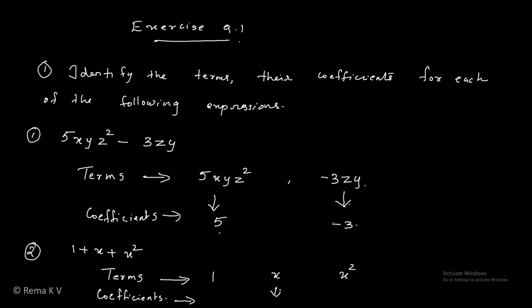Here the coefficient of x is 1. The coefficient of x square is also equal to 1. Okay. So the 3 terms are there and the coefficient of this variable x is 1. Coefficient of x square is also equal to 1.